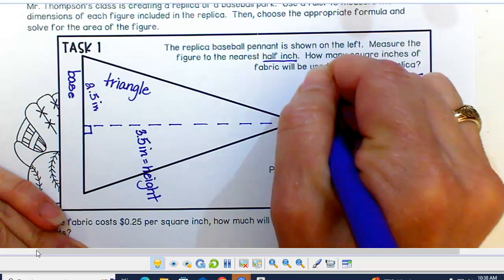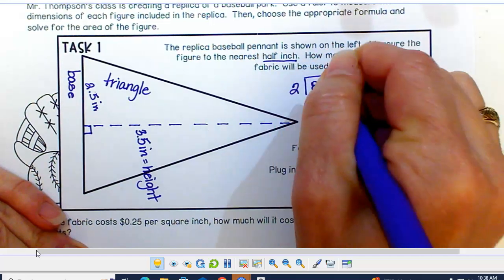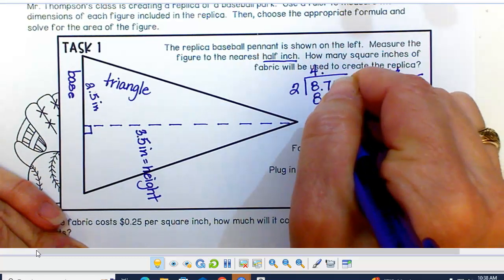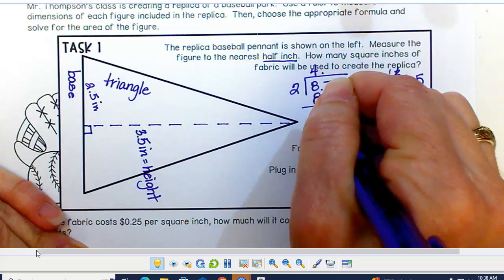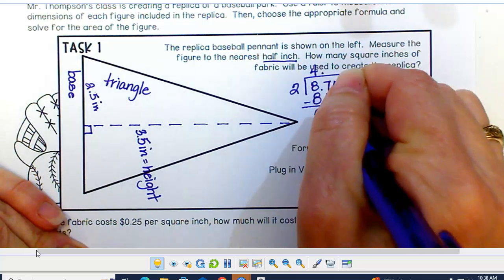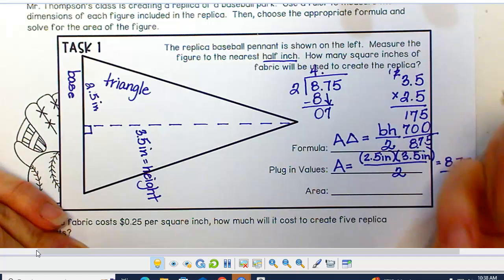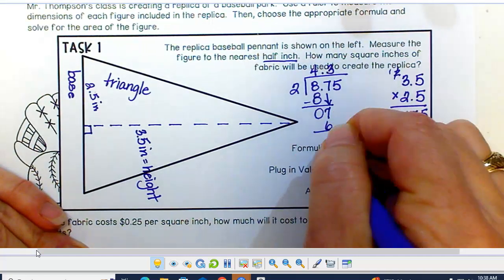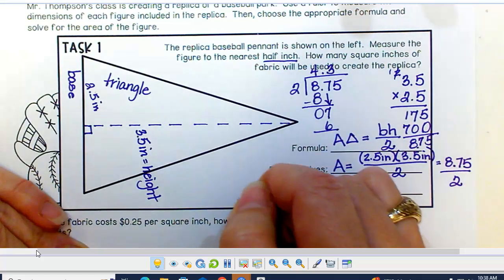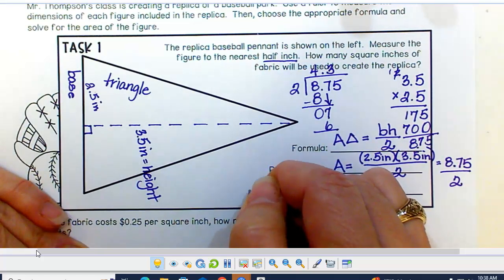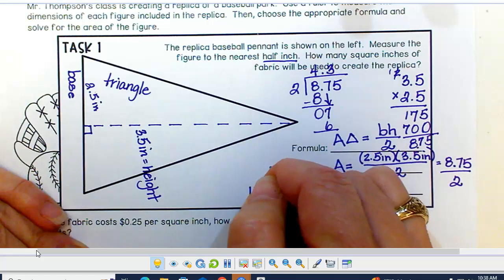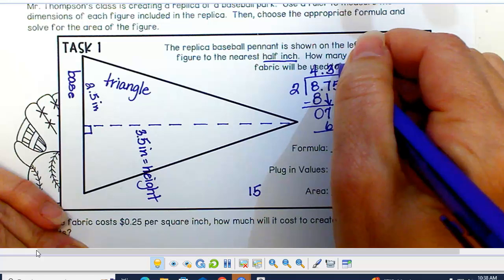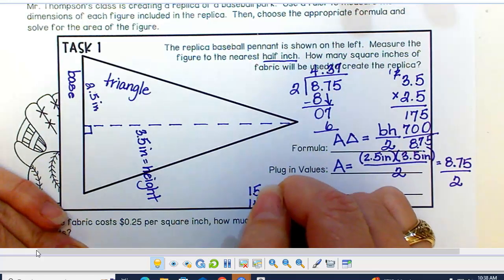And let's see, I'm going to come up here. 8.75 divided by 2. 2 will go into 8 4 times. 4 times 2 is 8, 8 minus 8 is 0. Bring down the 7. 2 will go into 7 3 times. 3 times 2 is 6. Ooh, I'm going to move over here. 7 minus 6 is 1. Bring down the 5. 2 will go into 15 7 times. 7 times 2 is 14.